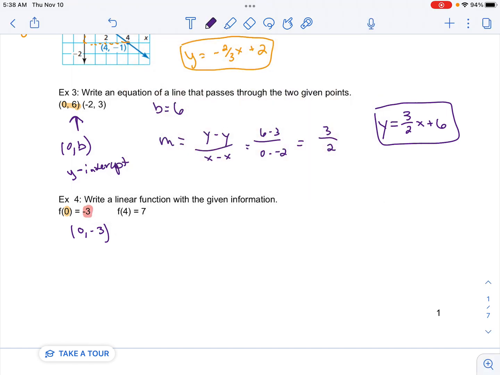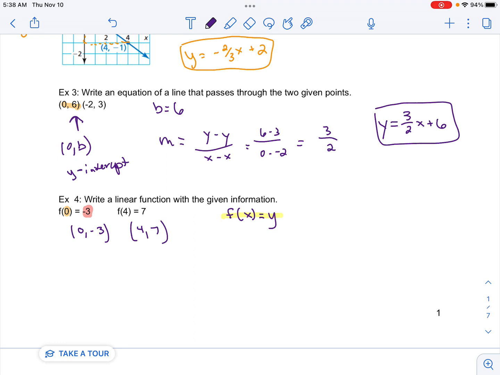So if you need to make a little note, it's really in this format: f of x equals y. I'd go ahead and put that on your frame, highlighting it so you can put that on your frame. So looking at that second point, my second point is (4, 7).